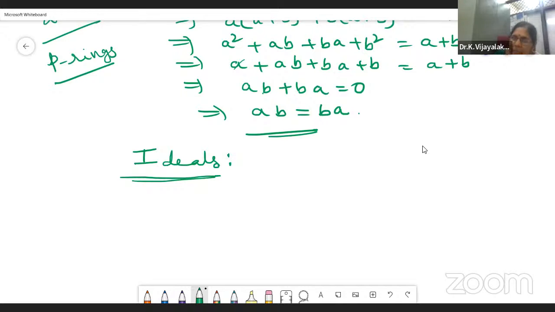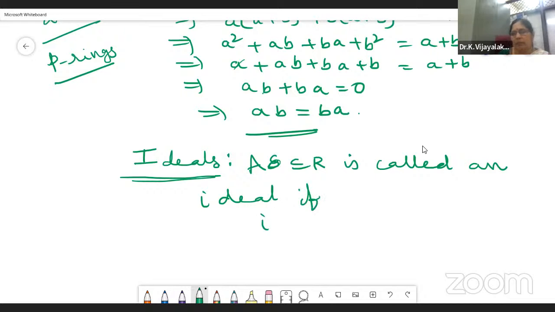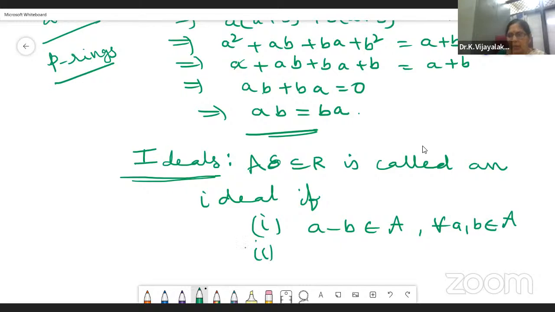See here, we say that a non-empty subset A of R is called an ideal if, first, A minus B belongs to A for every A comma B belongs to A, and second, R belongs to R, A belongs to A implies RA belongs to A and AR belongs to A.